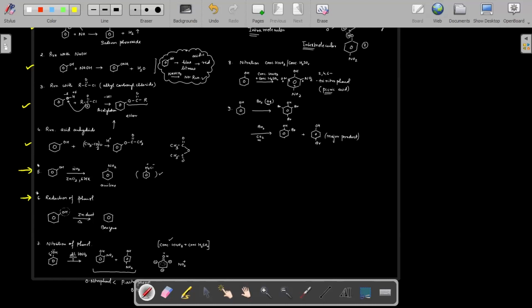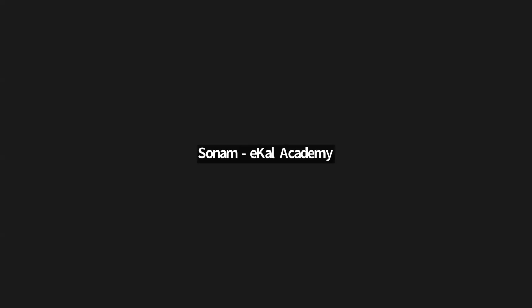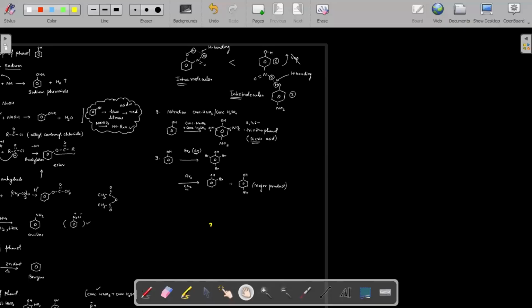Okay, nitration of phenol in dilute conditions, we get only ortho-para derivative. And if we are using bromination, in the aqueous medium, we are getting the tribromo derivative.